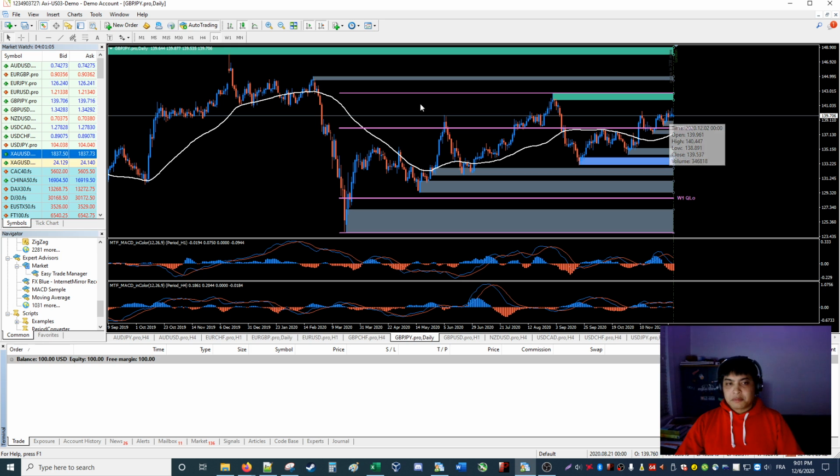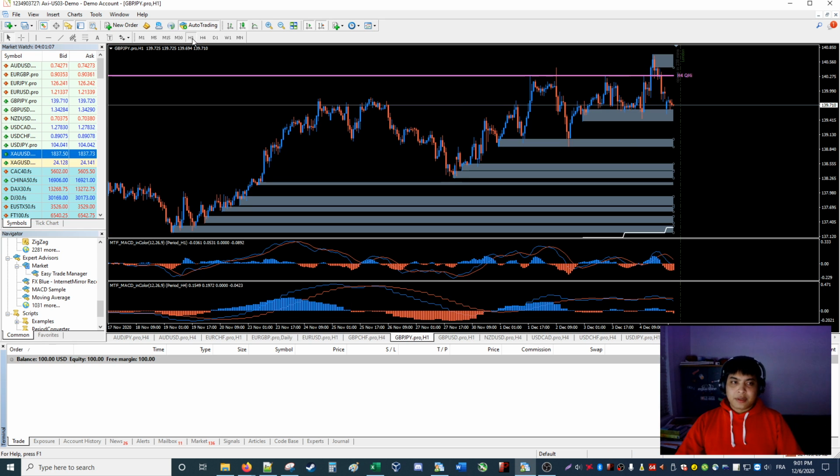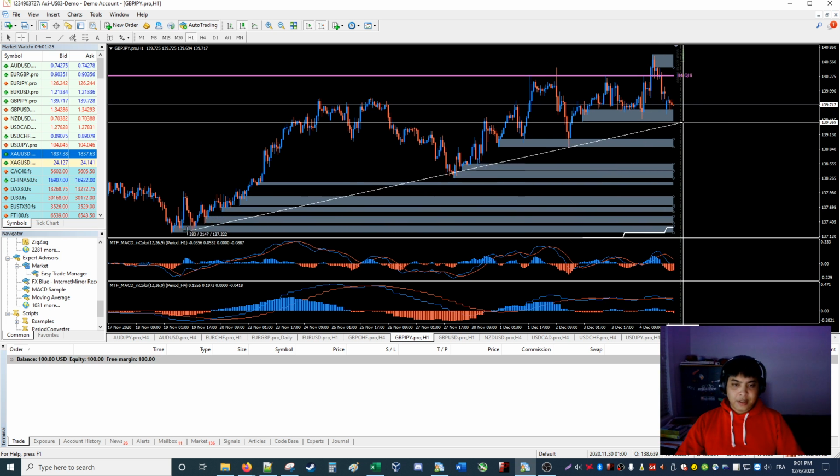So sounds like it could be a good call. So we should wait until it breaks about this level here, and then the move goes up all the way, something like that.